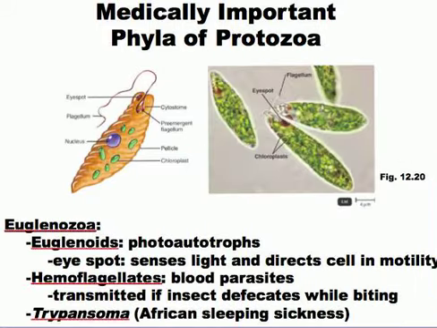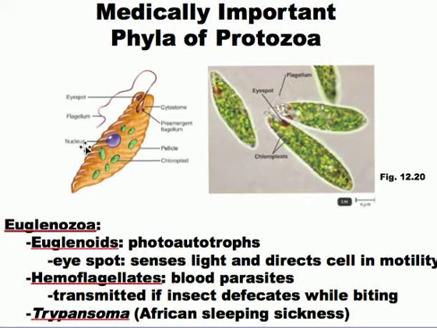Okay, another group we'll talk about are the Euglenozoa, and these are the euglenoids, which are photoautotrophs, so that means that they can harvest energy from the sun. And the euglenoids have eye spots, and these eye spots tend to sense light and help direct the cell in its motility.